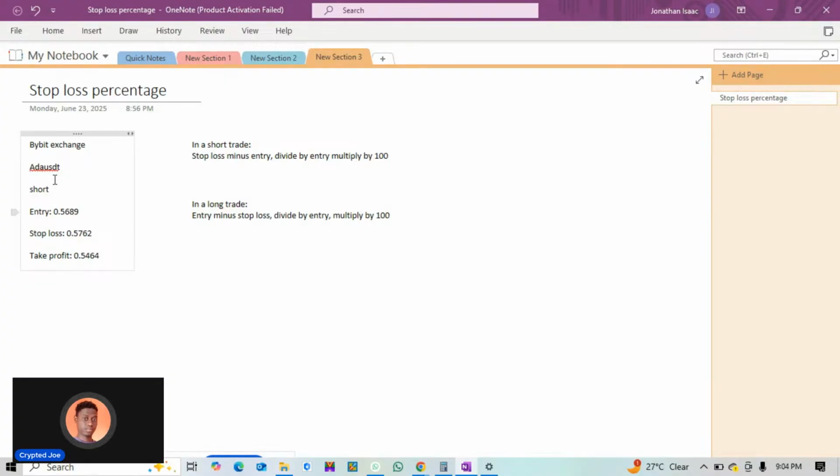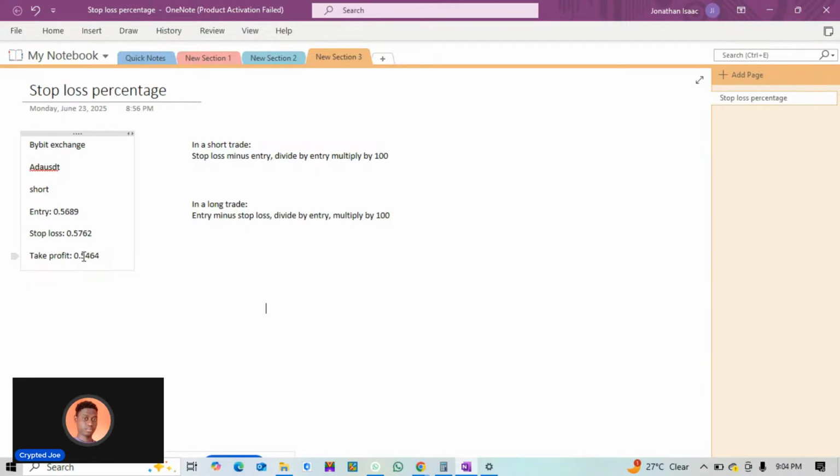You can use this particular formula and work with this example. You see that if you use this formula for this particular example, it will give you that 1.28. So you can just follow up. You can use your phone to follow up. So on my calculator on my mobile phone now, the formula on a short trade says stop loss minus entry. So my stop loss is the one higher than my entry.